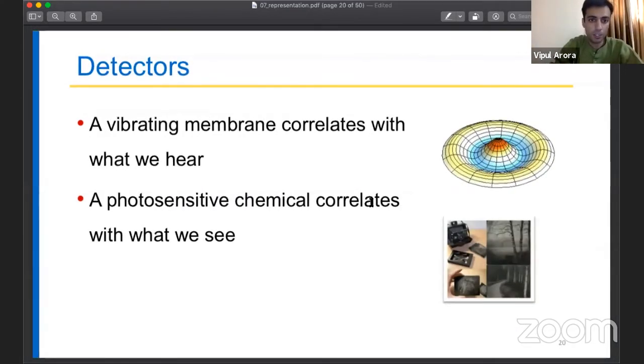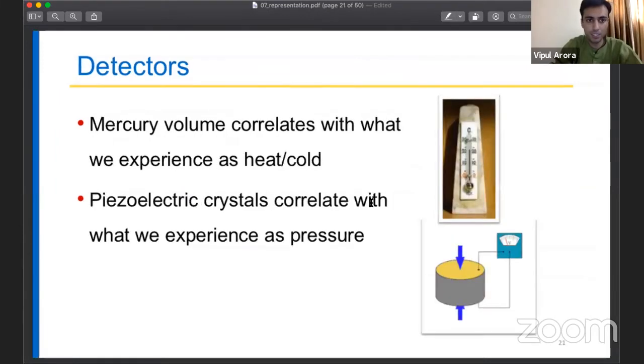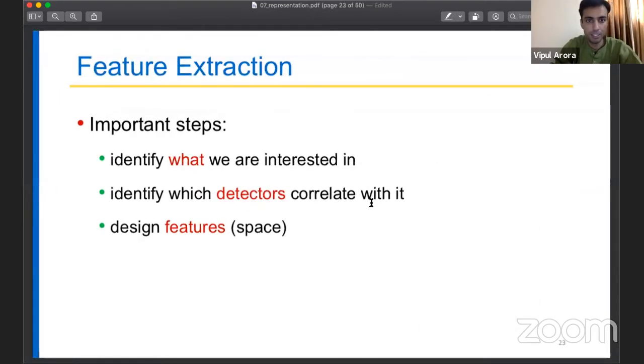What are detectors? I think these things you can read. These are very easy. Feature extraction. So this is the typical signal processing based approach. In signal processing based approaches, we try to extract features which are what we are interested in.